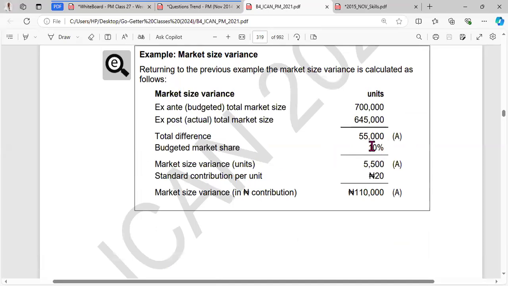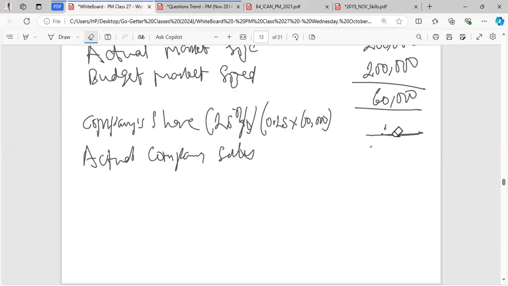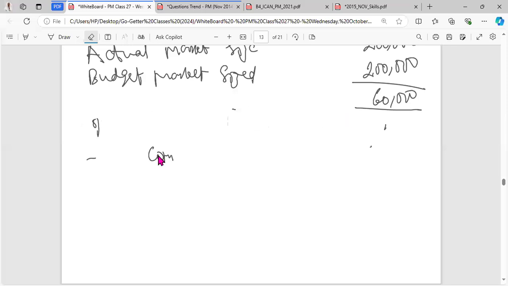I should have just multiplied by the contribution margin. Okay, so this is favorable.